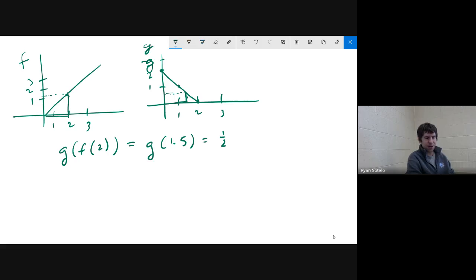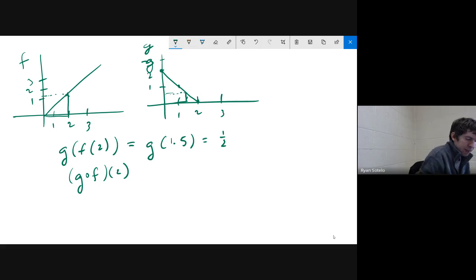So that's how you could do a composition with graphs. Take the input, figure out what the output for that input is on f, and then use that output as the new input for g and figure out what that output is. Again, that's called a composition. I could have written it like g of f of 2, and it would have represented the same thing.